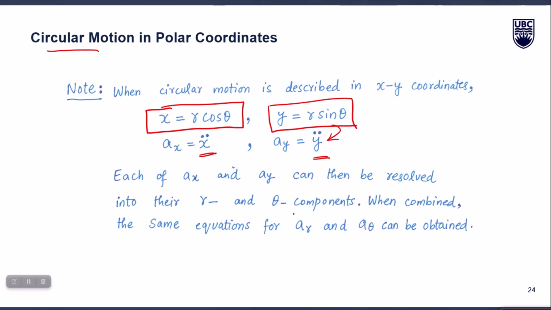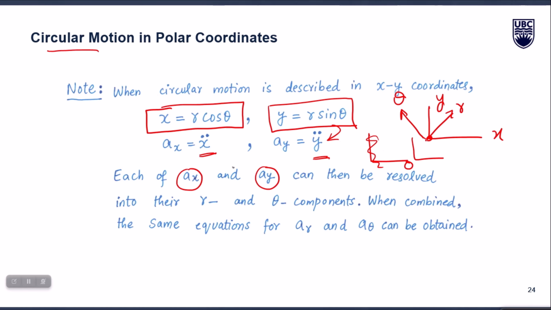One thought experiment you can do, or you can do it graphically also, is to resolve each of these a sub x and a sub y into their corresponding r and theta components. So for example, draw x and y for a particular point, and also draw the r and theta components, right? So if for example this is your origin, then obviously r will be in this direction, but x will be this, y will be this, right?